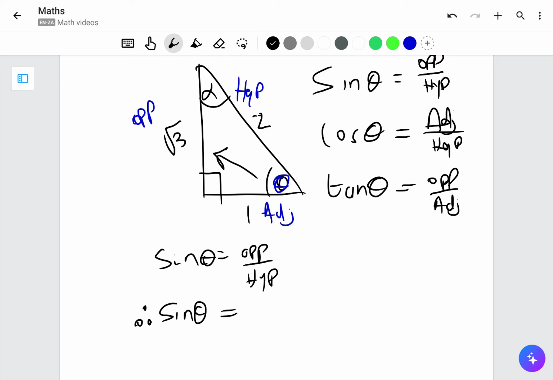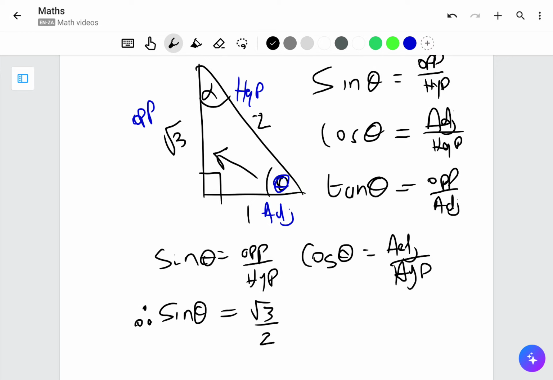You can see there, opposite would be root 3. And what is our hypotenuse? Remember, the hypotenuse always stays the same. That is 2. We can now also say that cos theta equals adjacent over hypotenuse.